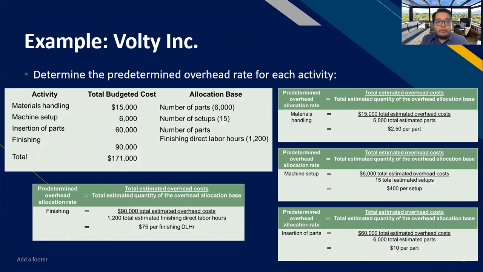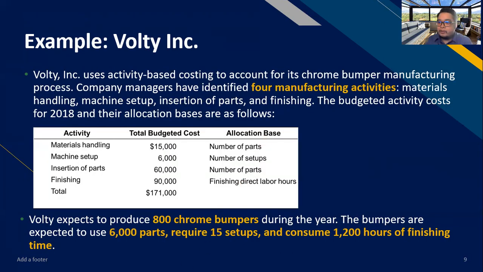So here we have to determine the predetermined overhead rate for each activity. How do you do that? These are the activities, these are the costs, and these are the allocation bases. Sabi sa previous slide, we will use 6,000 parts for the whole year, and the total cost of materials handling is 15,000.